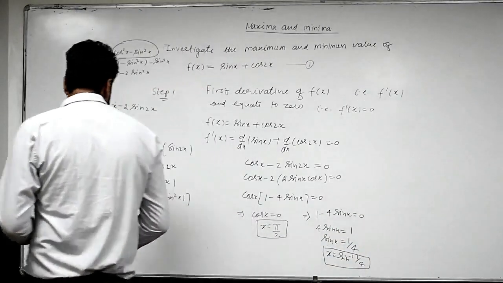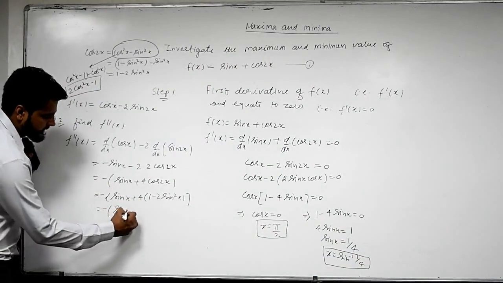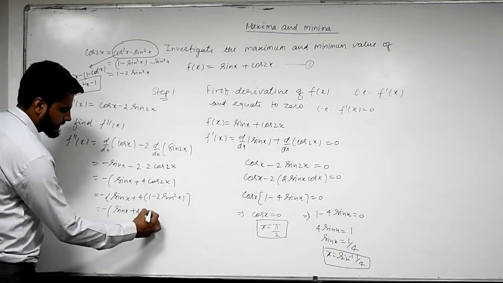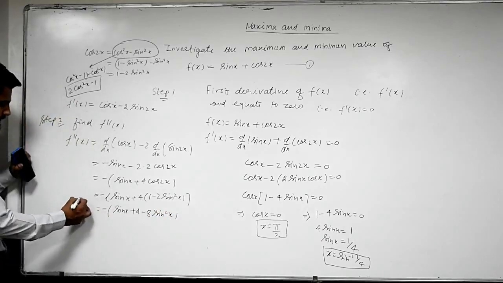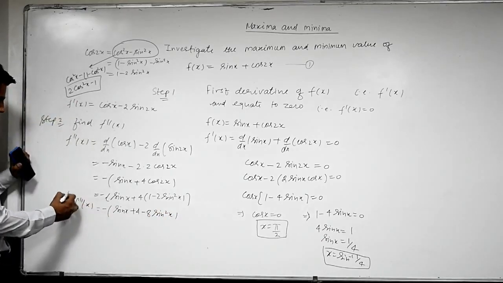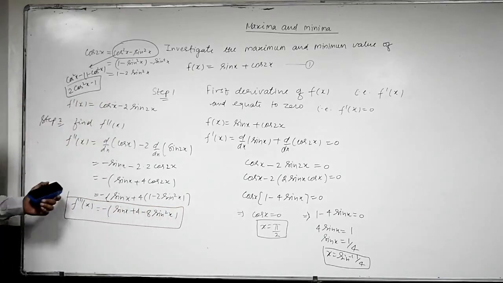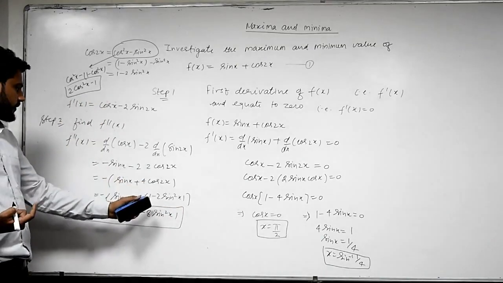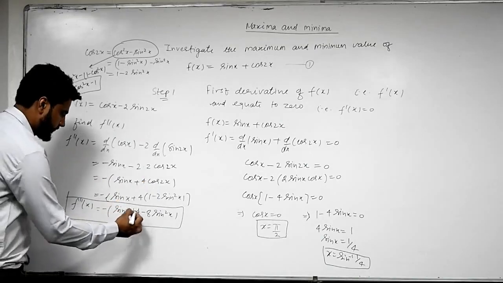So, I will solve this: minus sin x plus 4 minus 8 sin square x. This is the value of f''(x), since 4 times (1 minus 2 sin square x) is 4 minus 8 sin square x.